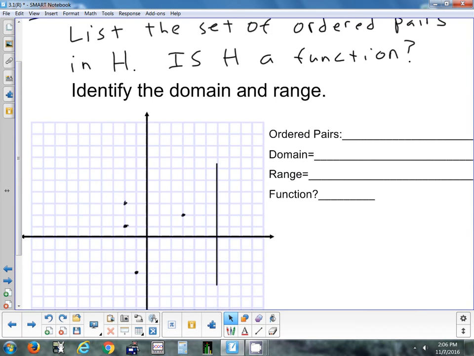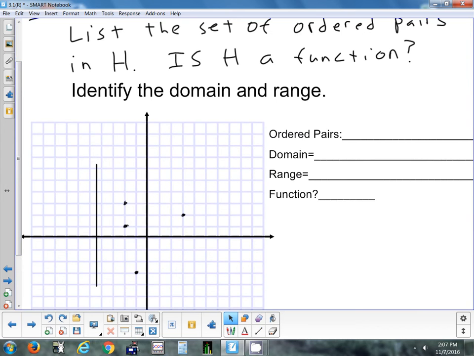Now this picture is not connected, it's just dots, but it's the same idea. If I put a vertical line anywhere I want in this picture, will it ever hit something twice? Yeah, where is it going to hit twice? For those two dots. Yeah, over here where these two dots are. That's a problem.